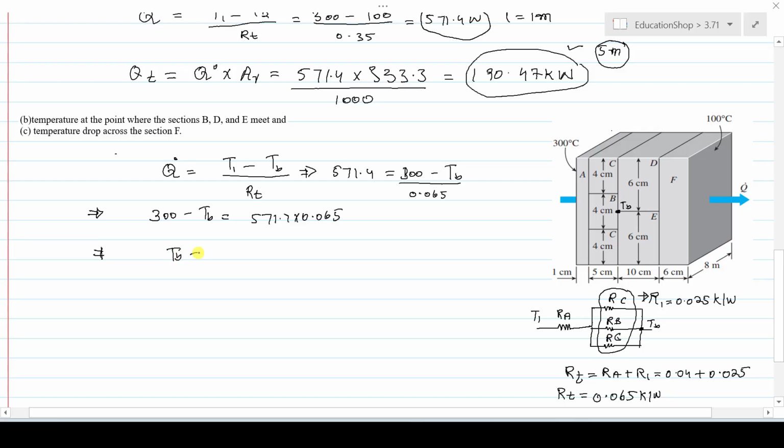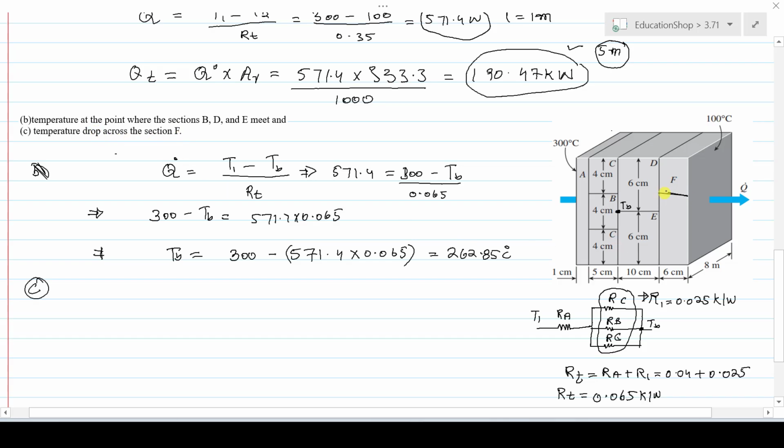So TB is equal to 300 minus 571.4 into 0.065. Multiply these with each other and subtract from 300. It will give you the value of TB, 262.85 centigrade.